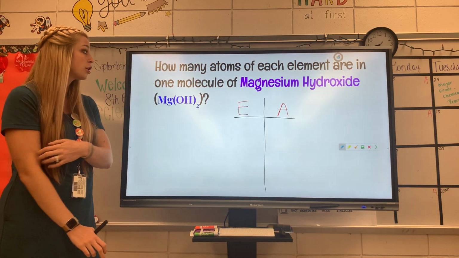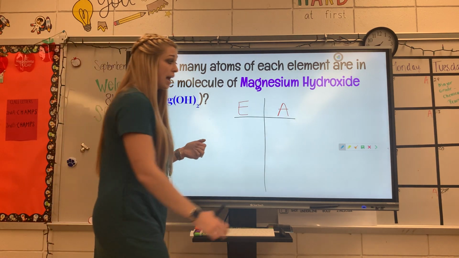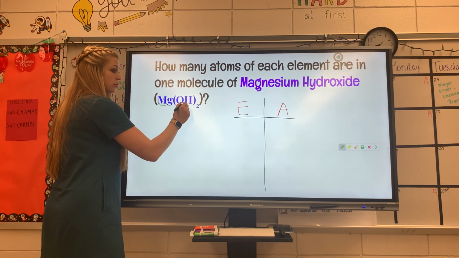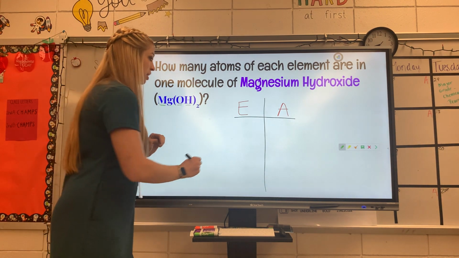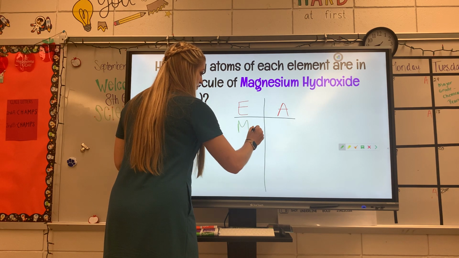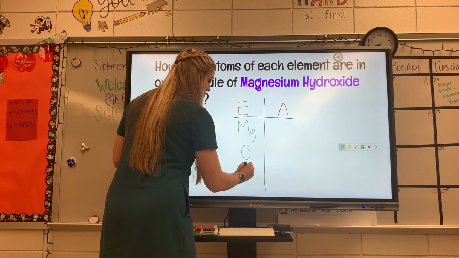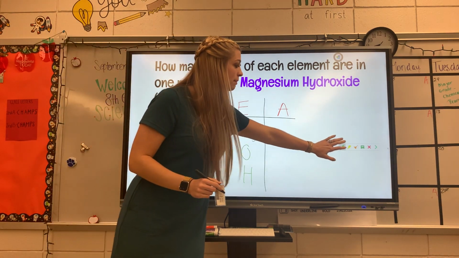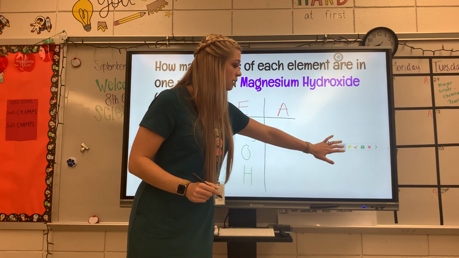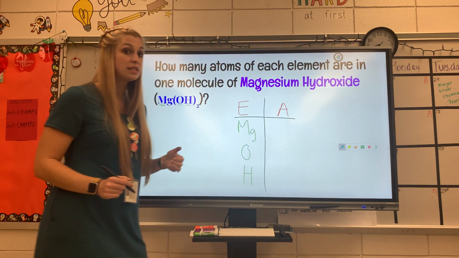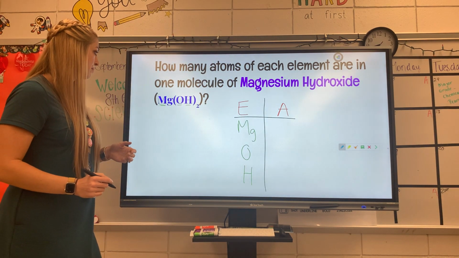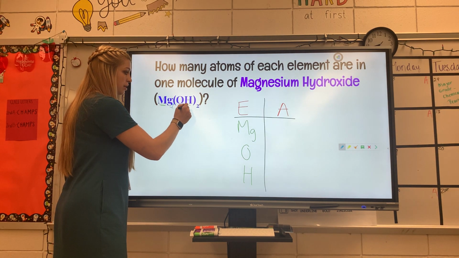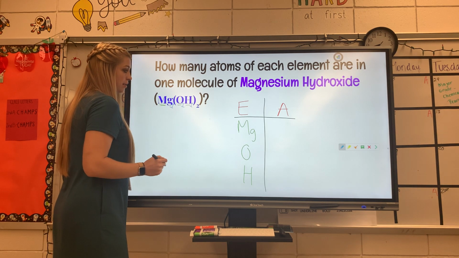Okay, now we're going to determine how many different elements we have. So we have 1 capital letter, 2, 3. We have 3 capital letters. Mg, O, and H. Okay, now we have to determine how many atoms of each element. So let's see, do we have any 1s we need to add? Mg needs a 1, O needs a 1, H needs a 1.